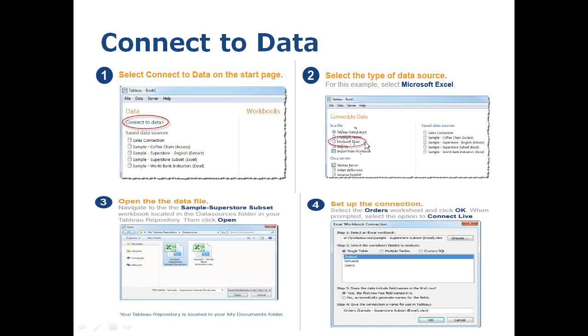One is Tableau data extract, one is Access, one is Excel, one is text file, and one is import from workbook. So one workbook can be used for another workbook as a data source. Excel files, today we'll see lots of activities through the Excel database.